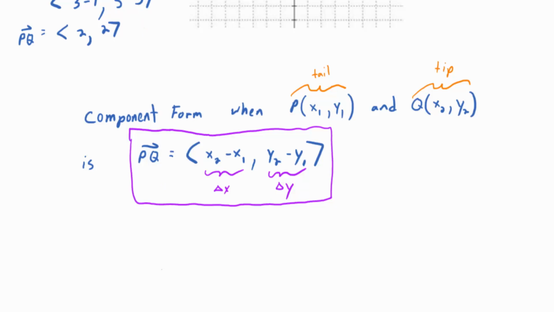I find that difficult, though, because they both begin with T. But I think it's neat to say. So PQ is also, and it's a neat observation, you take the tip minus the tail. Well, the tip is a point minus the tail, but we're really thinking of subtracting corresponding coordinates this time, right?